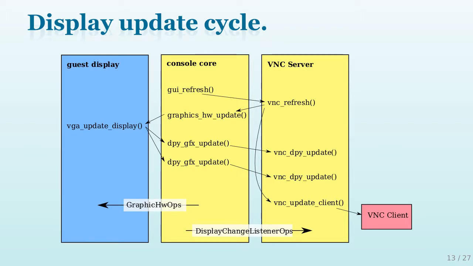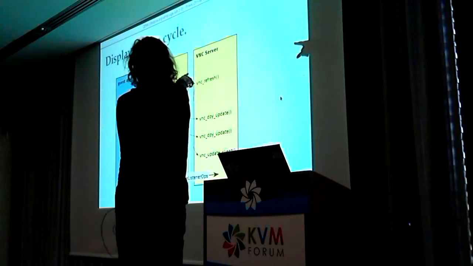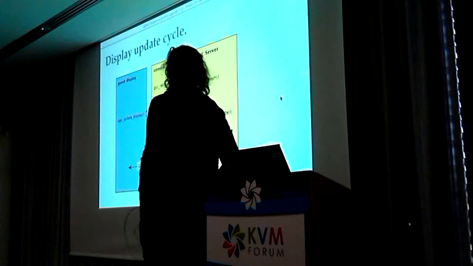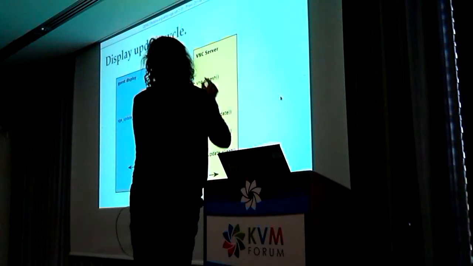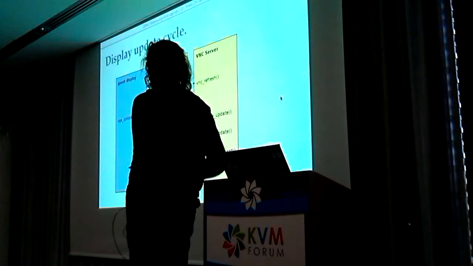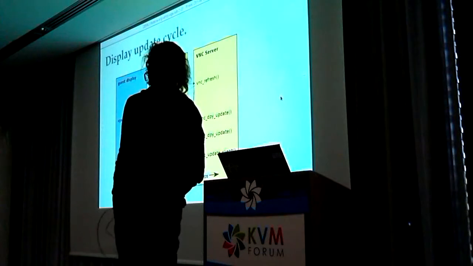So here's how this all works together on a full update cycle. In the core code, there is a timer function which is called at regular intervals, which calls the refresh function of the user interface, in this case the VNC server. And the VNC server then will ask for a graphics card update, which the core code will again forward to the guest display emulation.